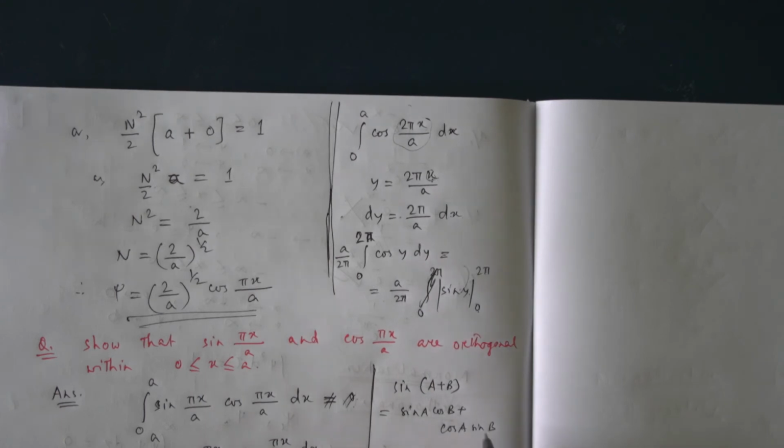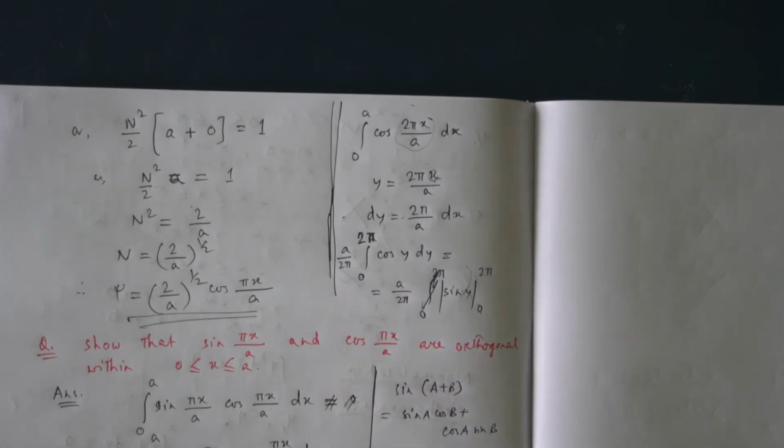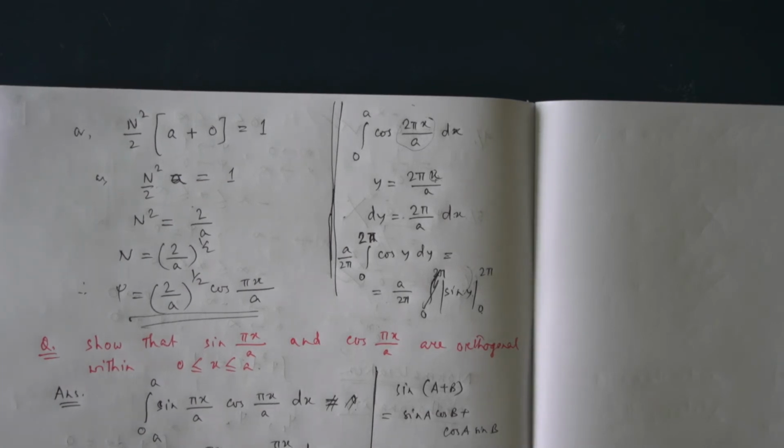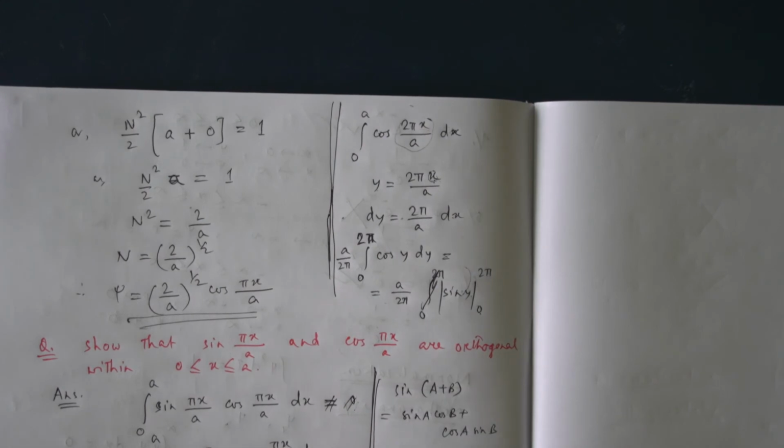So sine 2a equal to 2 sine a cos a. So we can write this as half into the integral from 0 to a of sine 2 pi x by a dx.